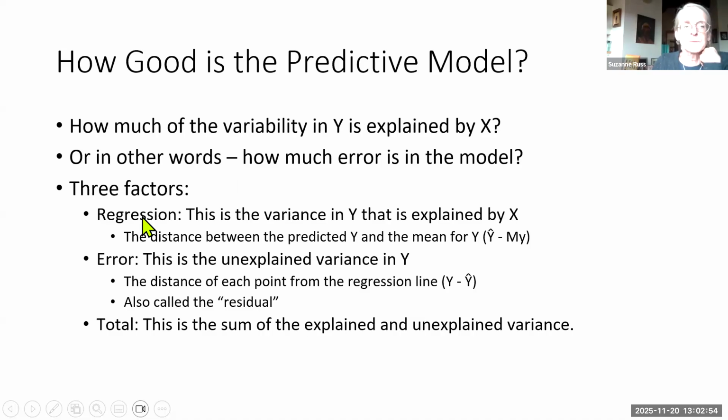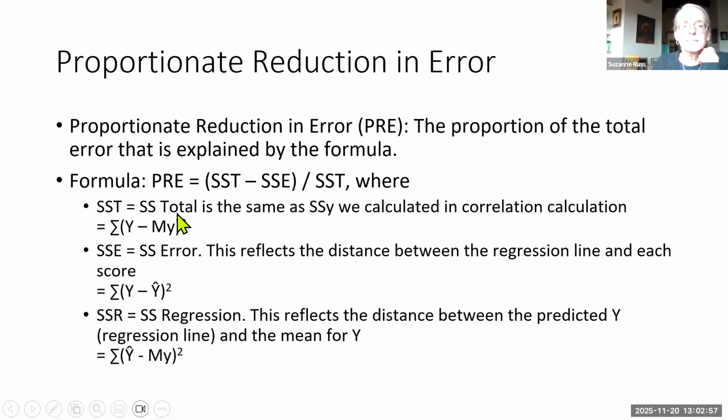And we calculate it using these three ideas: total, error, and regression. So SST means SS total. It's going to be exactly the same as the sum of squares we calculated for a correlation coefficient for Y. It's the sum of Y minus the mean for Y, squared, for each score. SSE is the sum of squares error. That's the distance between the regression line and each score, the one we talked about with Cassandra, having an actual mood of 5 and a predicted mood of 3.